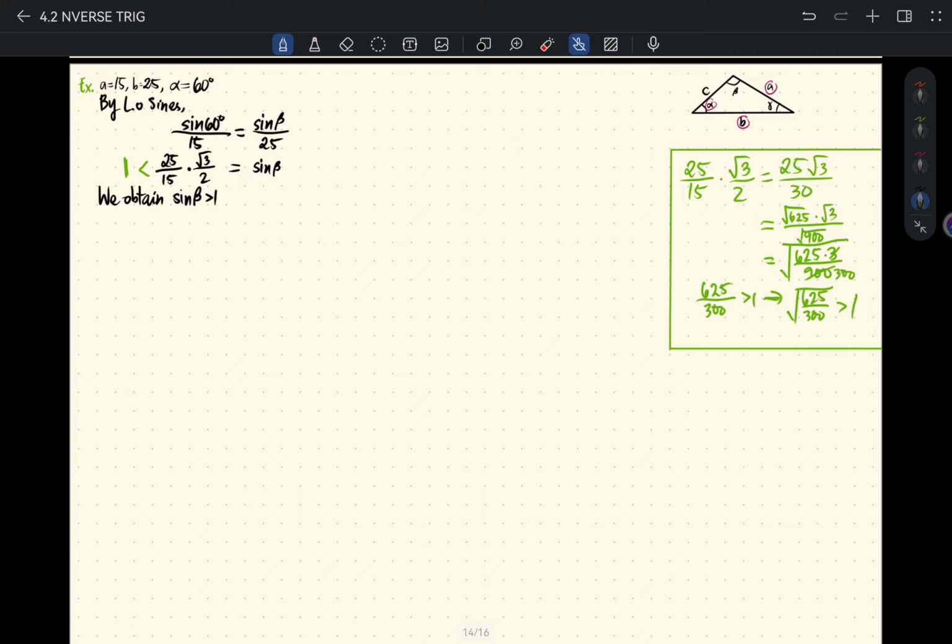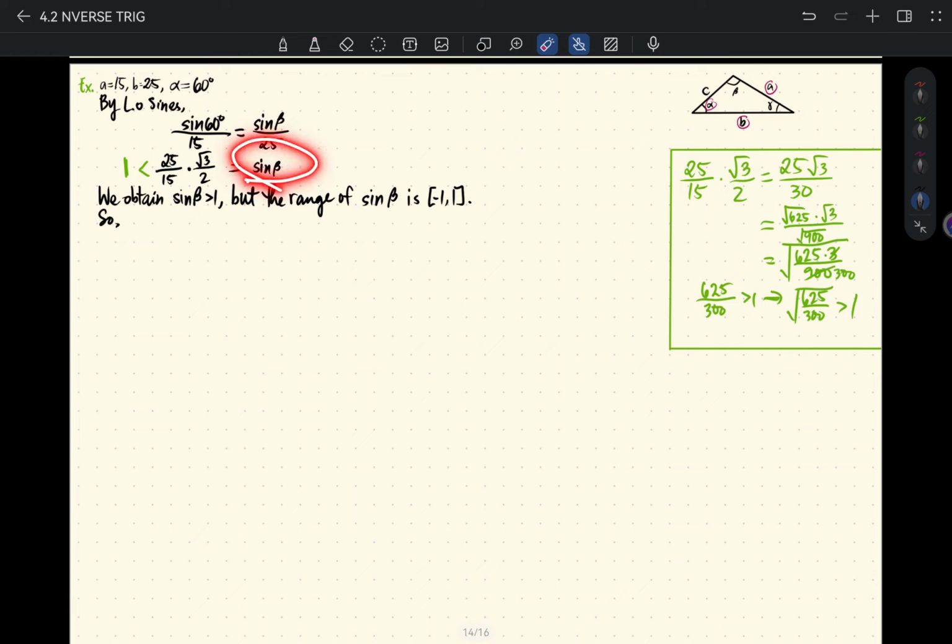But what is wrong with this? But take note that the range of sine beta is -1 to 1. So, what can we say here? This configuration where you have 15, 25, and 60 degrees is not feasible.